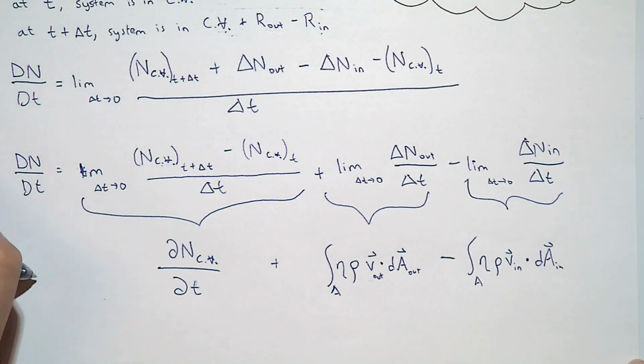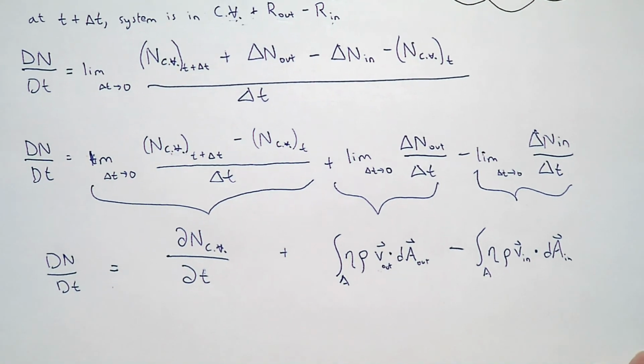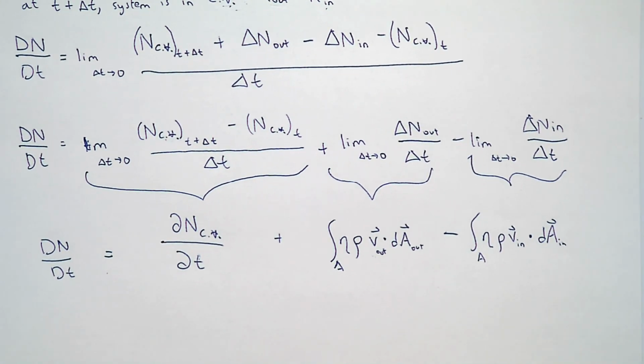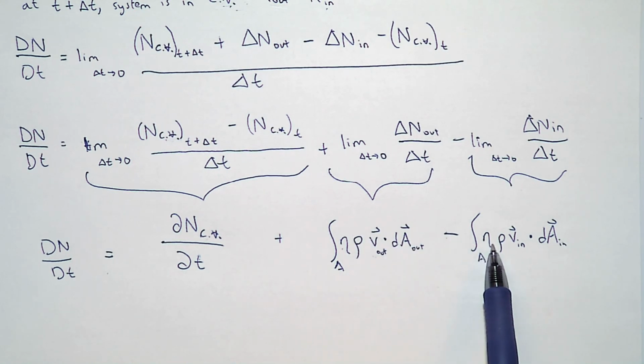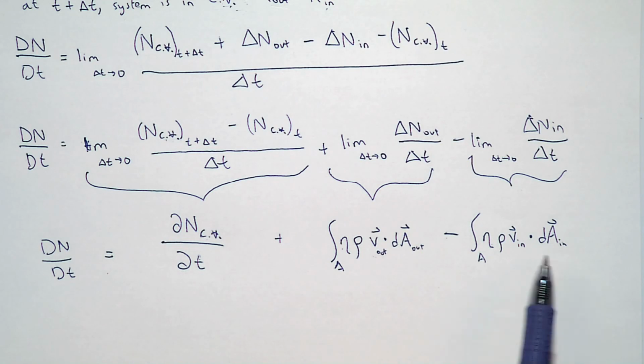So now I am getting somewhere, because for my control volume, my change dN over dt is equal to the partial change of my extensive property with respect to time across the control volume, plus the intensive property multiplied by the density multiplied by the flow rate leaving, minus the intensive property multiplied by the density multiplied by the flow rate entering.